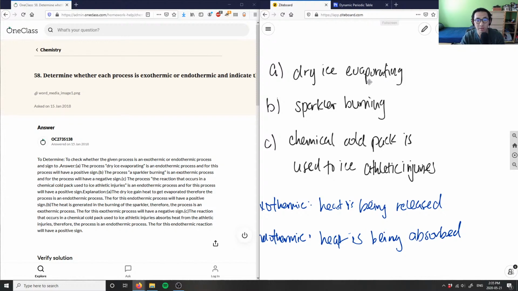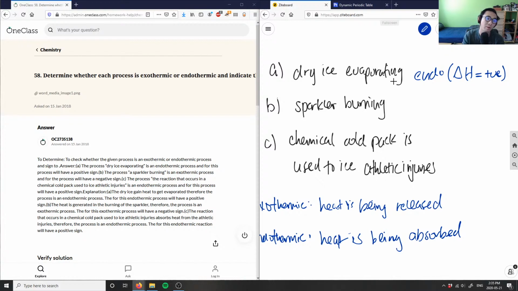So in this case, it's actually going to be an endothermic reaction because heat is being absorbed. It's taking energy from the air, from the surroundings, and it's going to go through this physical change of evaporation. So this guy here is endo, and delta H here would be a positive value. This is my shorthand for the plus sign, positive.